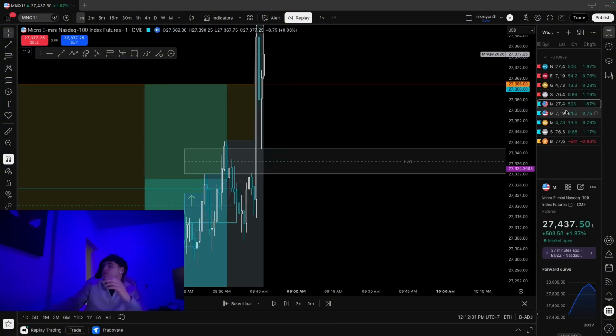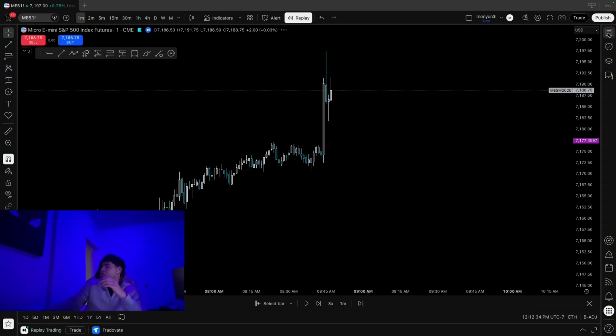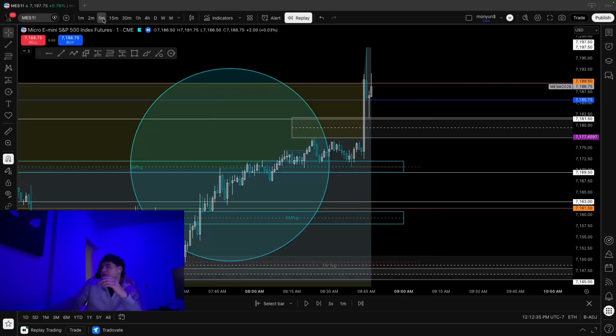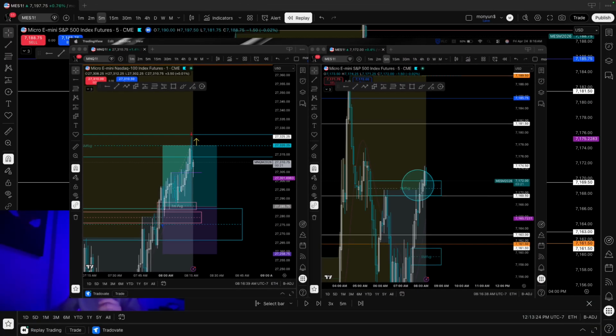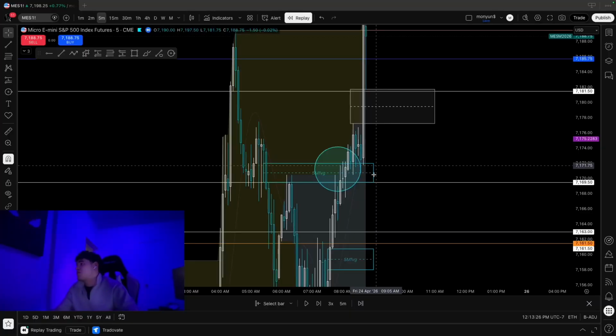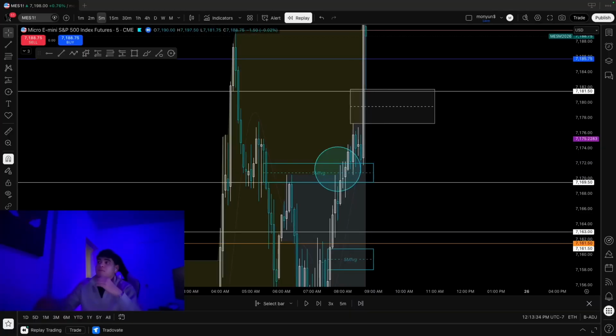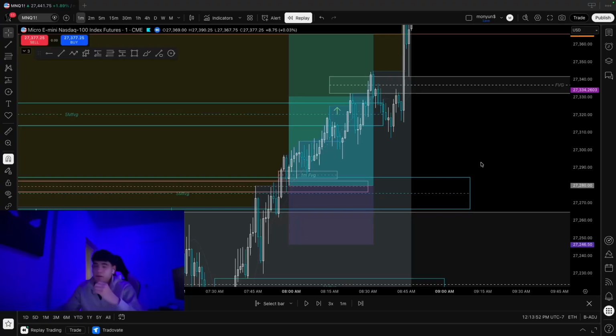I also want to show you guys that while in this trade, I was also looking at the S&P 500, because during this first time I took this trade, I needed price to hold above this 5-minute fair value gap in order to give me confirmation for my other trade right here, because both of these indexes move correlated to each other.